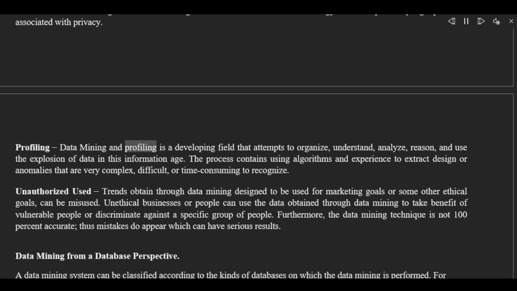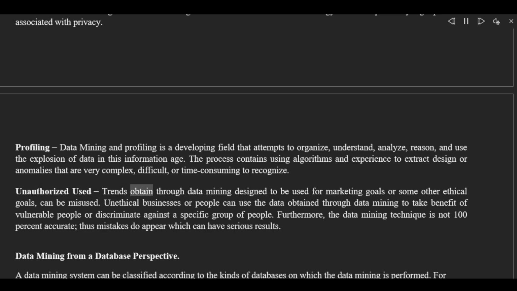Profiling. Data mining and profiling is a developing field that attempts to organize, understand, analyze, reason, and use the explosion of data in this information age. The process involves using algorithms and experience to extract patterns or anomalies that are very complex, difficult, or time-consuming to recognize.